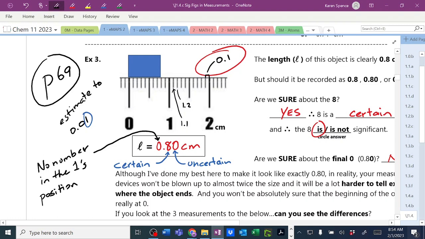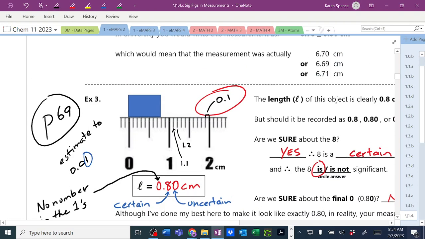I could just as easily have written 00.80, in which case that would mean I have 0 tens, I have 0 ones, and I have then my certain digit and my uncertain digit.